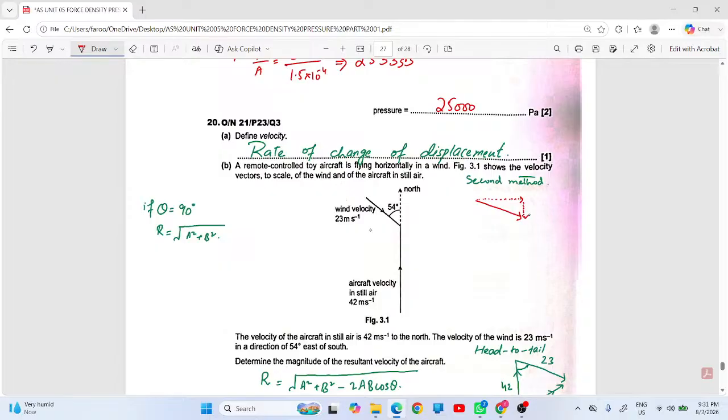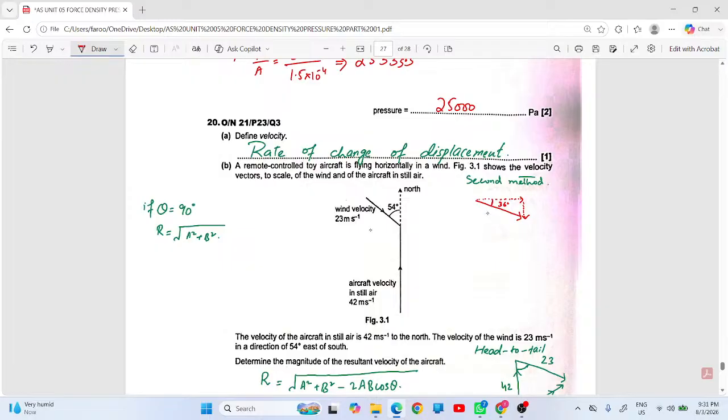Okay. So we have two components. The angle in between them is 54. This is 54. This one is 90. So this would be 36. Okay, this is 36.